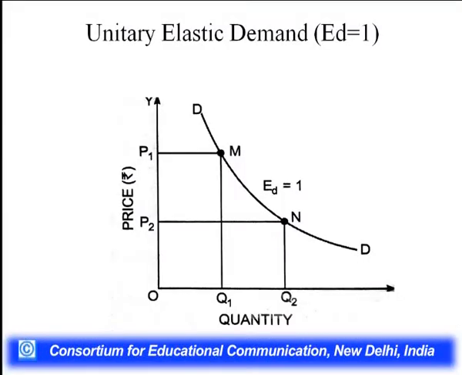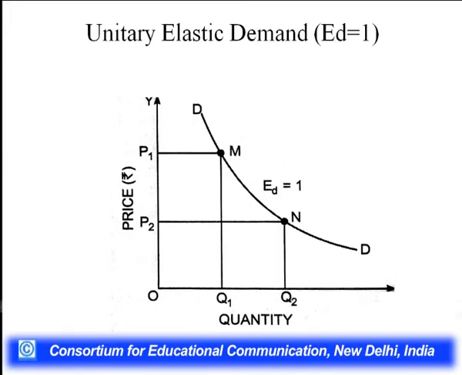Owing to such a relationship, the demand curve showing the unitary elasticity of a commodity is a rectangular hyperbola, which is shown here. In this diagram it is evident that the OX axis represents the quantity demanded of a commodity, OY again shows the price of the commodity, and we can see that if the price of the commodity is OP2, the quantity demanded is OQ2, and if price increases from OP2 to OP1, the quantity demanded falls from OQ2 to OQ1.